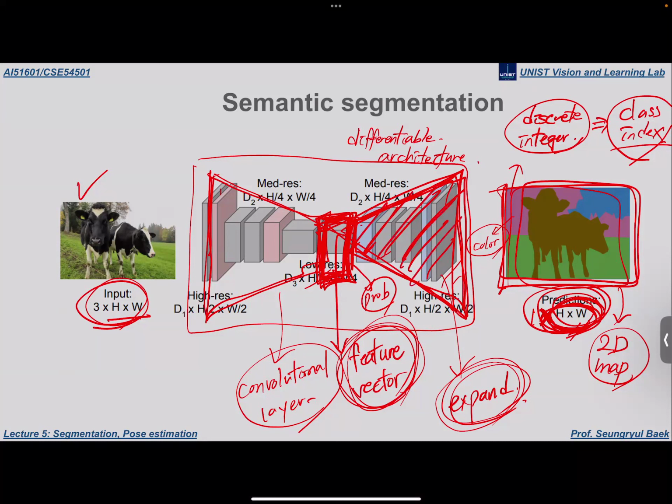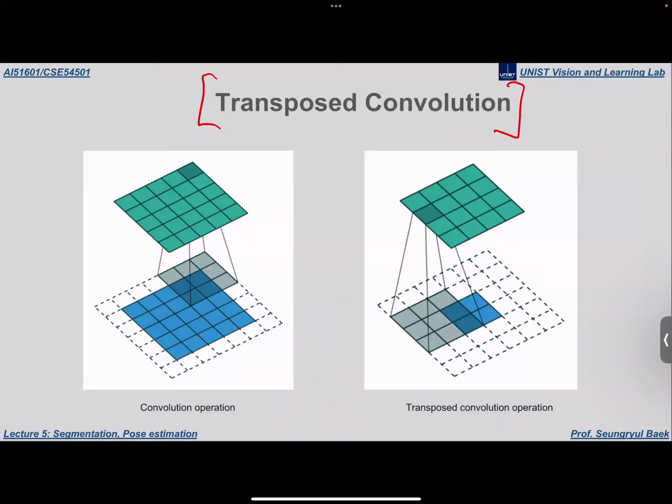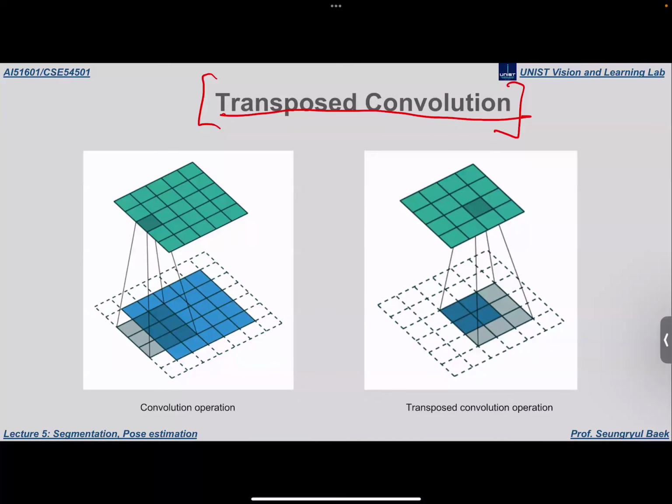So if there are layers with these characteristics, then they can be used here, right? And the solution is that the transposed convolution operation could be used, okay?